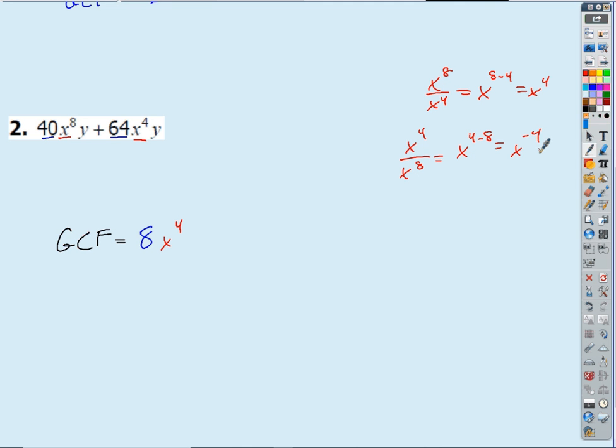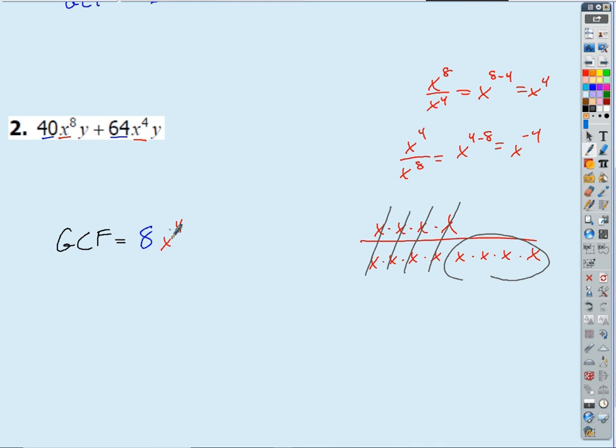If I write out x to the 4th, that's just x times x times x times x, and x to the 8th is x times x times x times x, etc. I could cancel out 4 of those, but then I've still got a bunch left on the bottom that are uncanceled, so it doesn't work. You get the idea. It's probably overkill, right? So x to the 4th is the biggest power of x I can divide away.